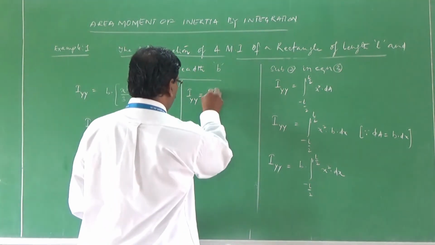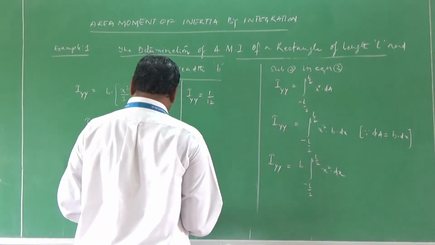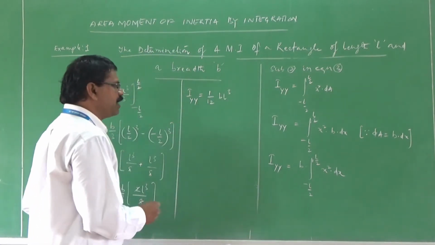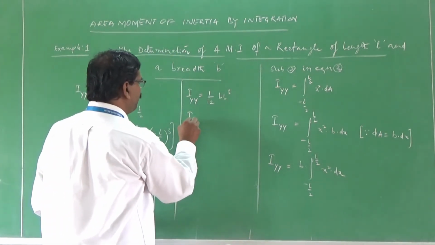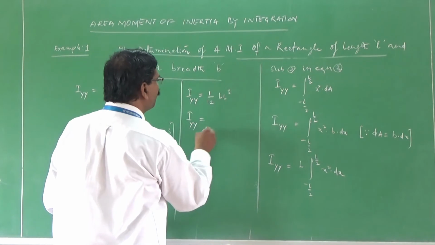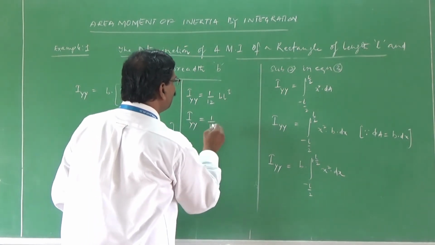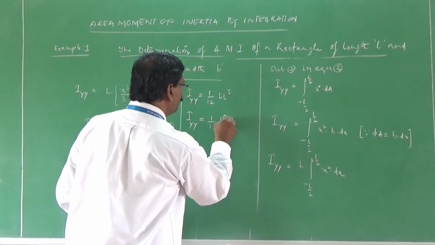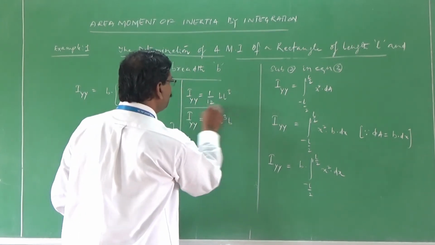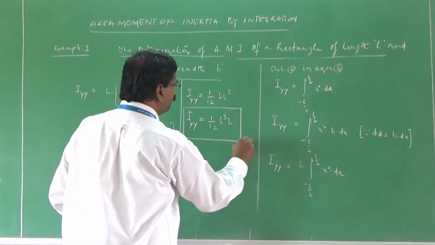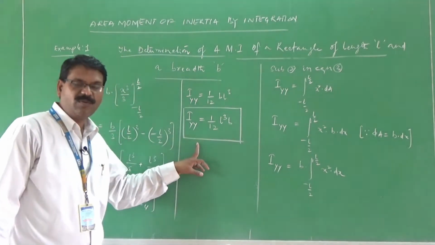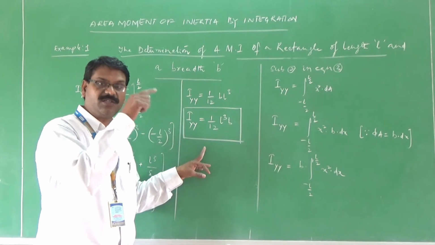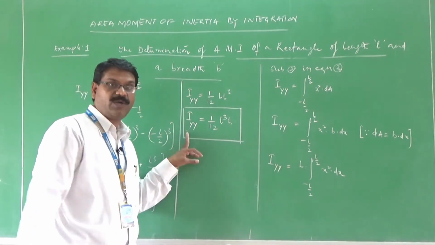That means 1 by 12 into bL cube, or we can simply write after rearranging, I_y is equal to 1 by 12 L cube B, which is the ultimate expression for the area moment of inertia of a rectangle whose length is L and whose breadth is B with respect to y axis.